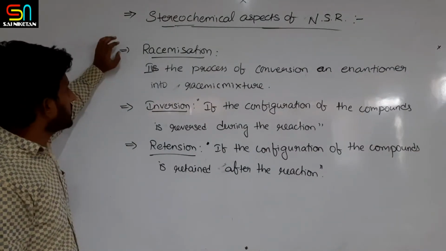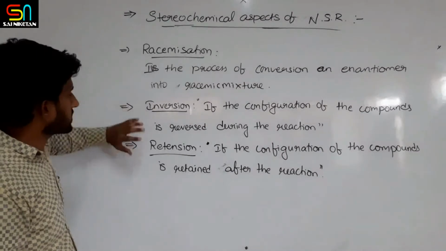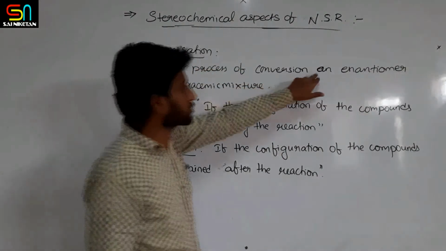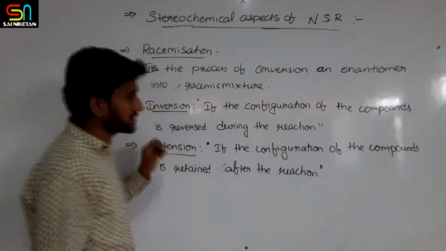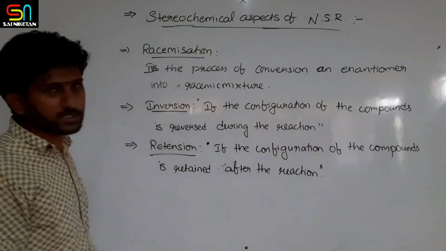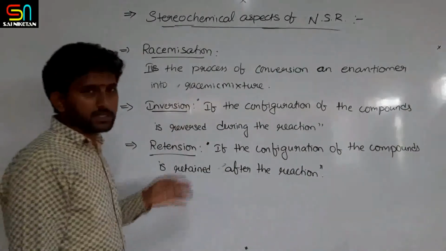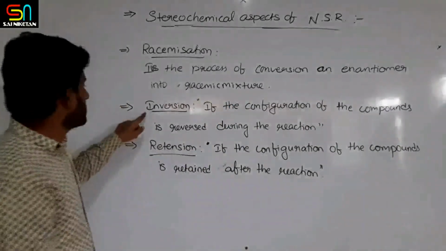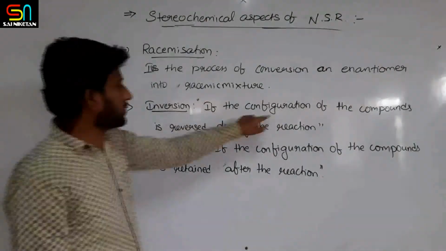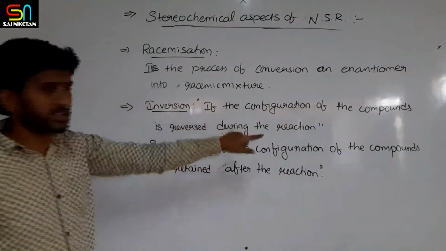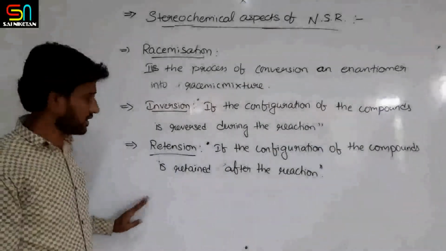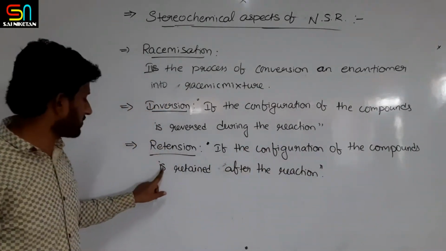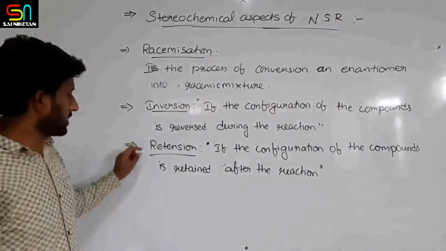Now, what are the differences between these three? Racemization is the process of conversion of an enantiomer into a racemic mixture, which is an equimolar mixture of D and L isomers. Inversion is when the configuration of the compound is reversed during the reaction. Retention is when the configuration of the compound is retained after the reaction.